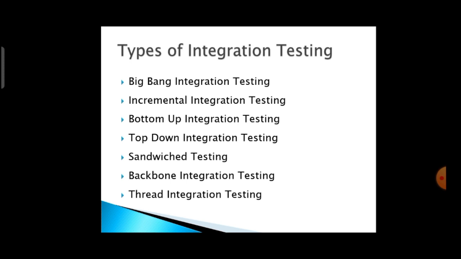Suppose modules A and B are first integrated and tested by test sequence 1, and then one more module C is added and tested by creating test sequence 2. Similarly, more modules may be integrated in steps, and test sequence 3 can be generated by including some more test cases for testing the entire system.